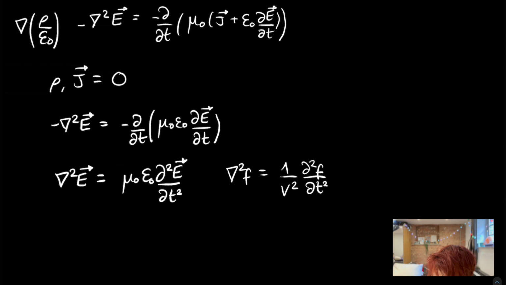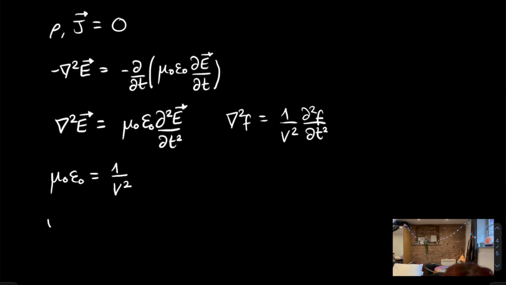And so we can identify this mu naught epsilon naught as being equal to 1 divided by v squared. If we rearrange this, we get that v is equal to 1 divided by the square root of mu naught epsilon naught. And so we have the speed right here.